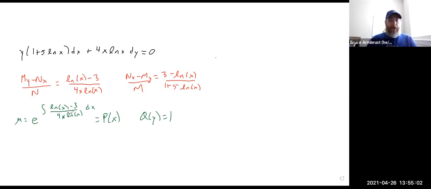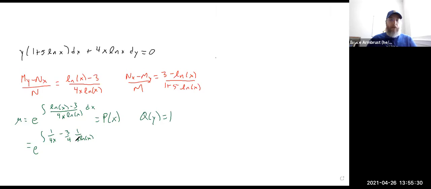When it comes time to integrate this, I would split it into 2 pieces. Because like that first part, the natural logs will cancel. So what you're integrating there is just 1 over 4x for that first piece. And then the other one is 3/4 times 1 over x log x. But your calculator can handle that.